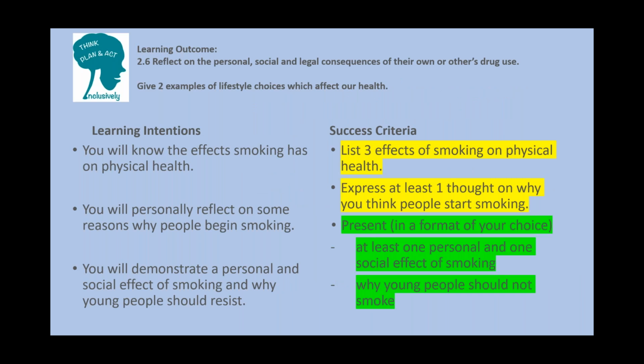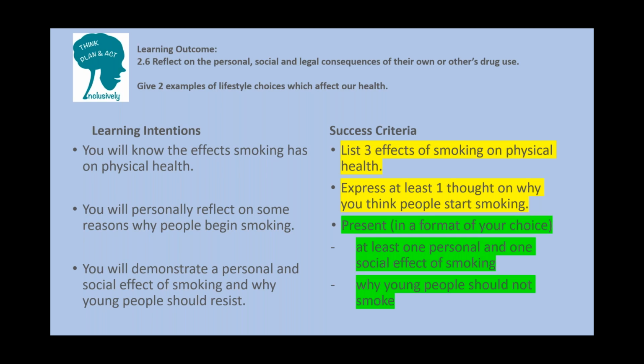We'll revisit then at the end of the lesson the learning intentions. The first is you will know the effect smoking has on physical health, and the success criteria here was to list the 3 effects of smoking on physical health, and we checked in on this during the matching activity when we brought it back to the class. The second learning outcome is you will personally reflect on some reasons why people begin smoking.